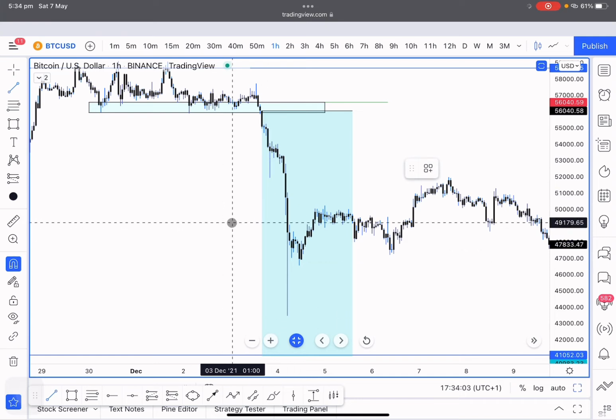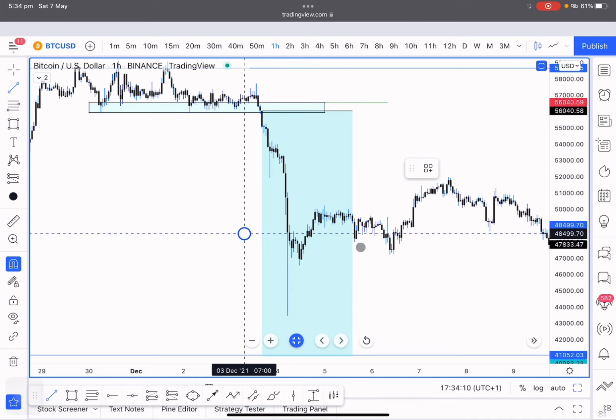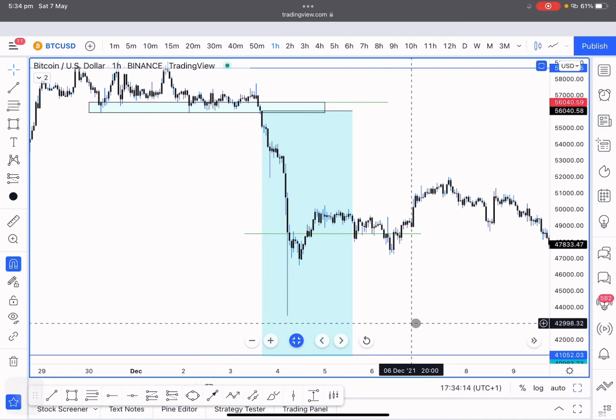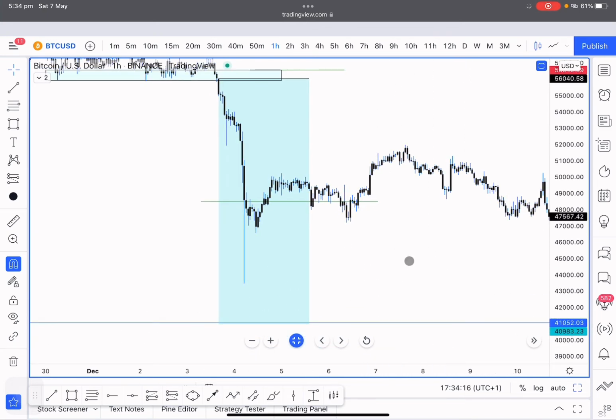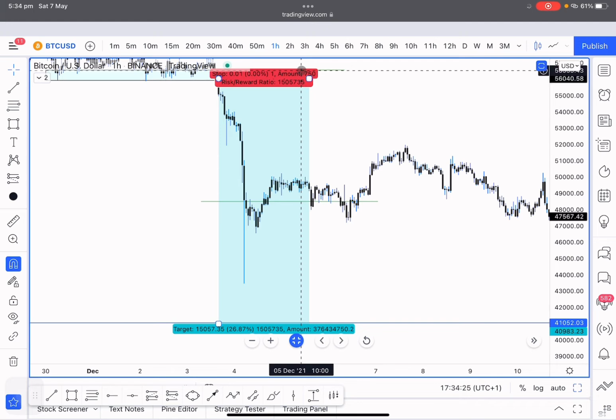And what I do is, let's say this area right here is my 3 to 1. That's when I take 50 or 80% of my profit. I take 80% of the position that I opened, and I let the rest run. Now you can see stop loss at break even, so there is no risk whatsoever.